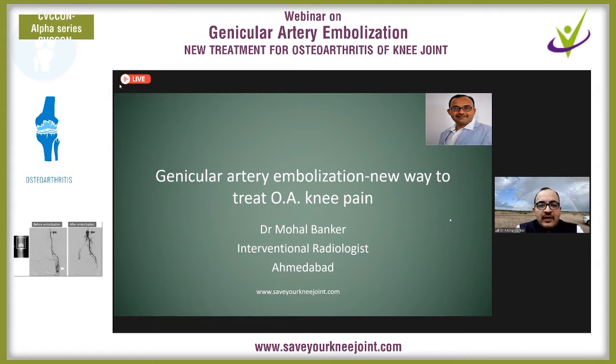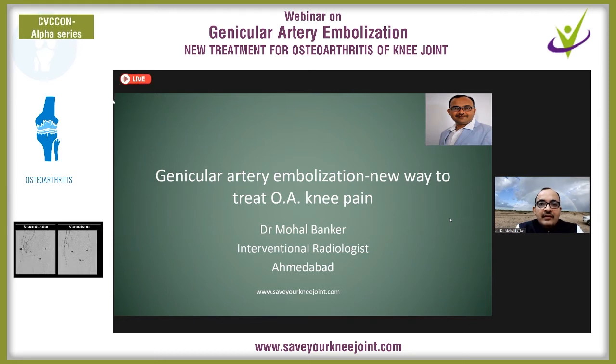Traditionally, we believe that the wear and tear phenomenon leads to osteoarthritis of knee joint, and that is true. But along with this wear and tear, another cause is chronic inflammation. Continuously, this inflammation process goes on within the knee joint, and it leads to further cartilage damage, and along with that, neoangiogenesis occurs.